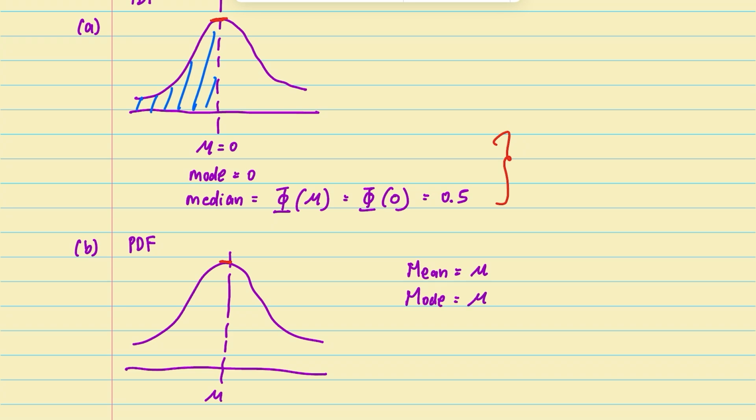And as for the median, it is always the same for the normal distribution, just the CDF of mu, half of the curve. The total area under the curve is 1, so half of the curve would be 0.5 as well. So this is the answer for part B of number 2.